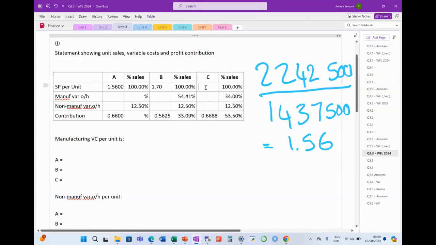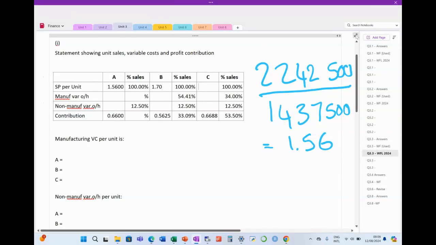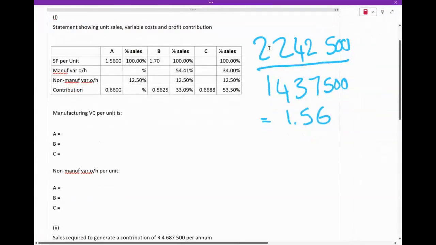And then for C, why isn't this $1.25? Okay, all right. So we've gotten that done and dusted. Then we have to go over to your manufacturing variable overhead. Okay.